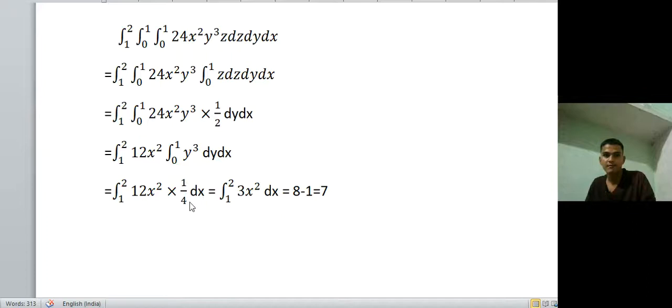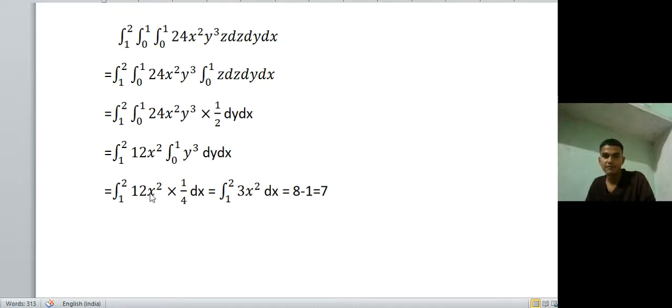You can also see here it was 24, and here it is 1 by 2, so 24 divided by 2 is equal to 12. After integrating with respect to y, we have got 1 by 4.